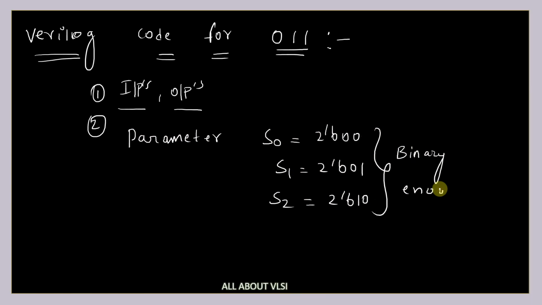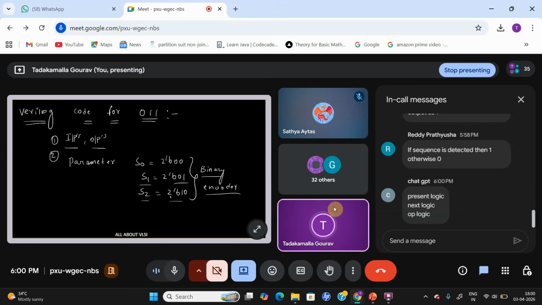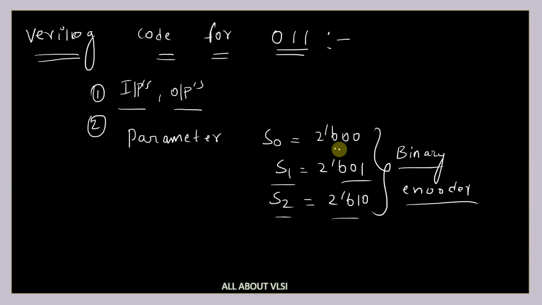Please remember this term. I'm going to discuss encoding schemes for FSMs also. So in this particular example, I'm using binary encoding for the states: for 00 I declare a parameter S0, for the next state I declare the parameter S1, and for 10 I declare S2.